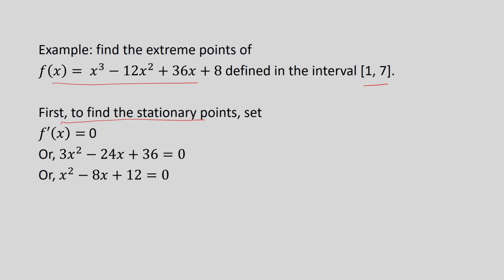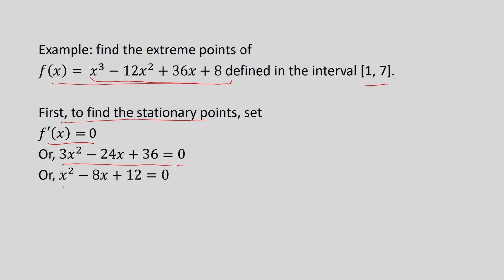So, how do I find the stationary points? I set f dash of x equal to 0, and so the left hand side is 3x square minus 24x plus 36, which is obtained from this function, and that is equal to 0.